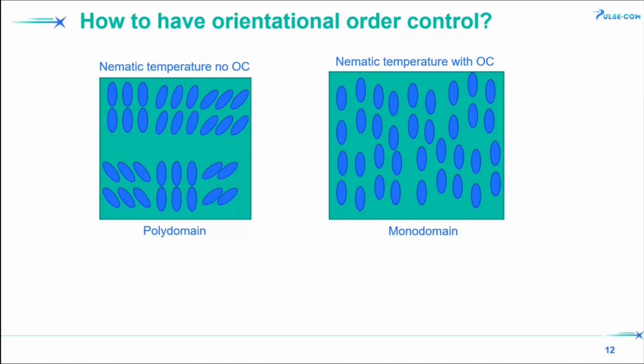So you need something to have this control over orientational order, for example, rubbed cells. So when you polymerize your material, you're going to freeze the order that you so laboriously created.